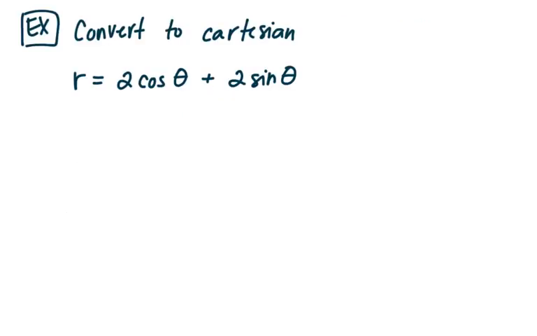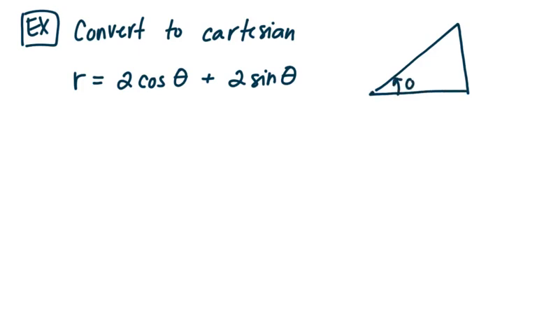Here we have a polar equation, and we are going to convert it to its Cartesian form. We're going to start with r equals 2 cosine theta plus 2 sine theta. Now we want to remember our polar to Cartesian identities, but if you don't have them all perfectly memorized, you can always think about drawing a right triangle.